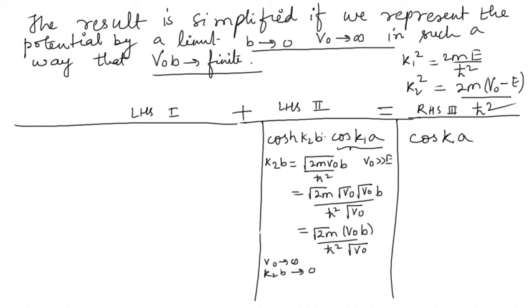And you all know that cos hyperbolic k2b can be expressed as exponential k2b plus exponential minus k2b upon 2. When k2b tends to 0, this is 1 plus 1 upon 2 and this goes to 1. Clear? So now cos hyperbolic k2b tends to 1 in this limit. So only term remaining in this is cos k1a. So this term we get finally the answer as cos k1a.